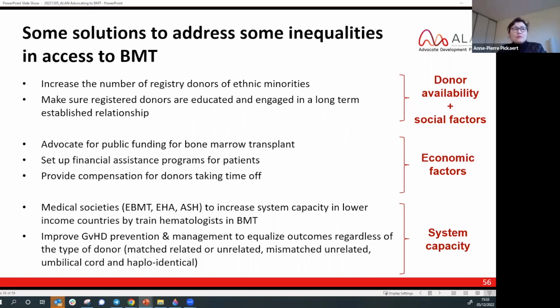And I hear so many times hematologists saying, we always find a donor. I'm like, a donor, yes, but we want the best donors. Ideally we'd like to have a 10 out of 10 match.